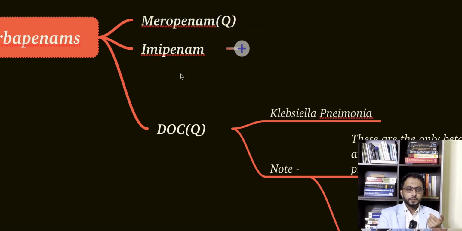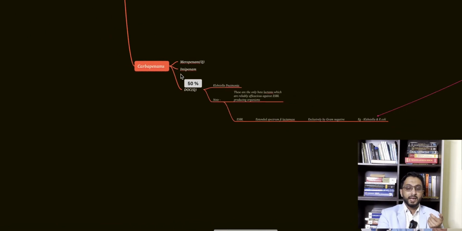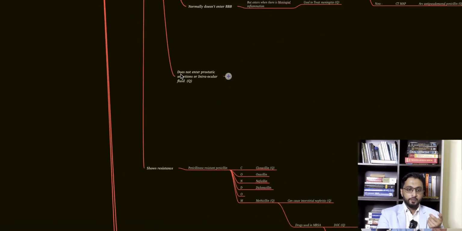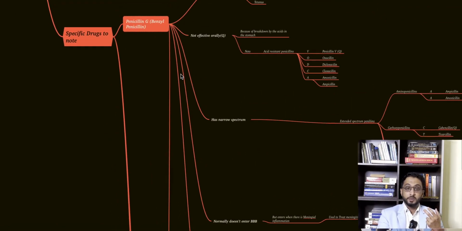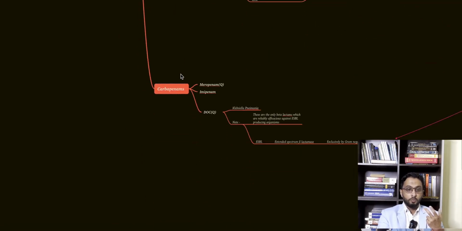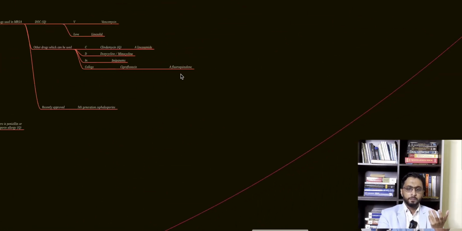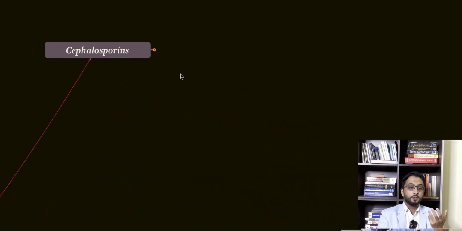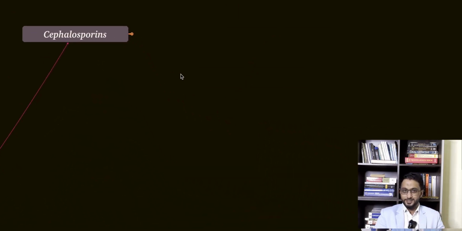So that is about your beta-lactamase. Three very important drugs: penicillin G, then you came to monobactam and carbapenems. Now, another beta-lactam antibiotic we're going to see is cephalosporin. Please note, this is also a beta-lactam antibiotic, meaning it also has the beta-lactam structure.